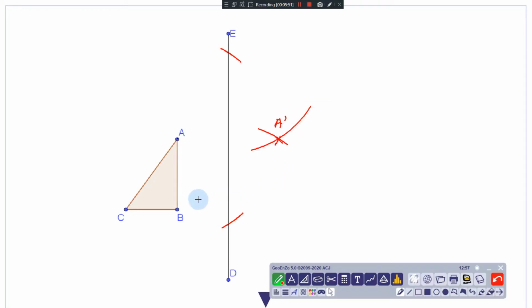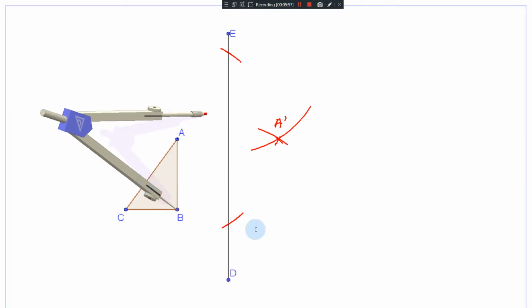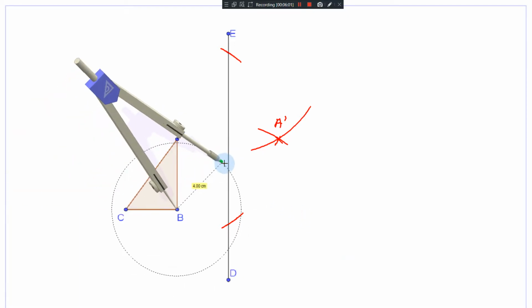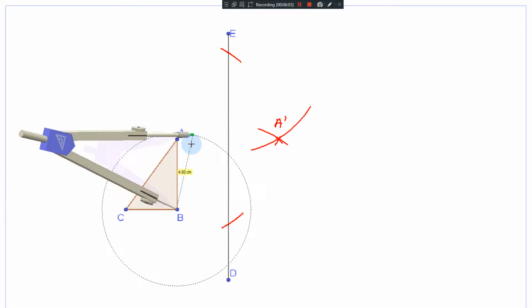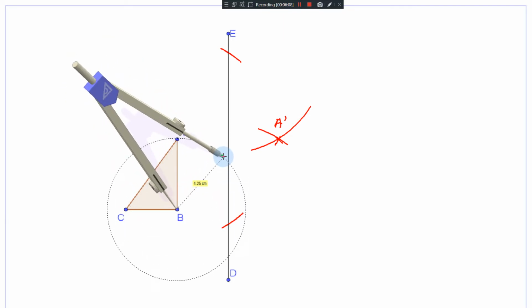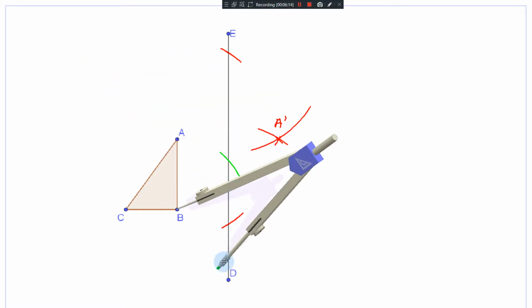So you repeat the same thing for B and C. Okay, let me show you B. Let me change the color. Same thing here. The length here, any length, but not too short. Okay, how about I use this length? Should be okay. Here make an arc here, and then here do the same thing, make an arc.